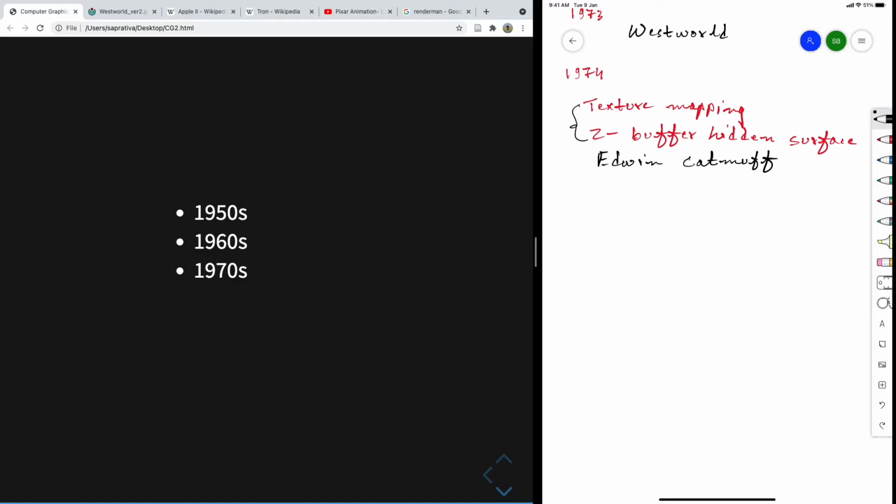Then one more scientist called James Blinn released algorithms for curved surfaces and one more algorithm for refinement of texture mapping.